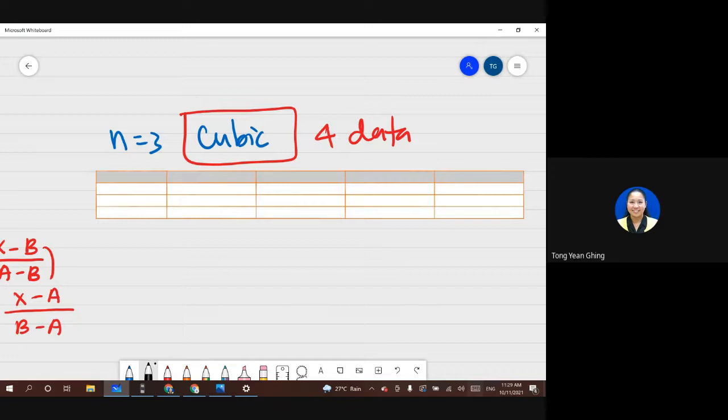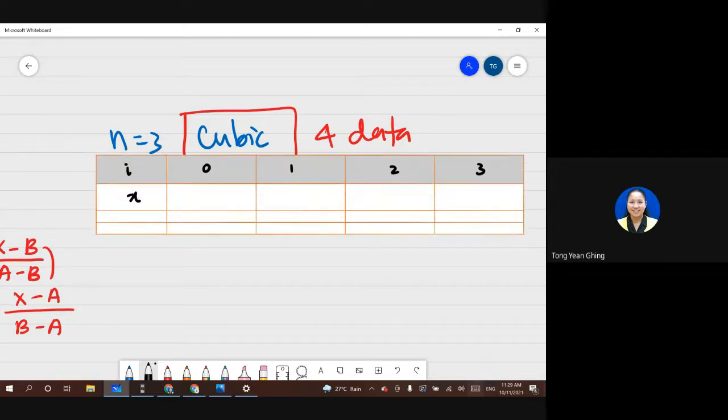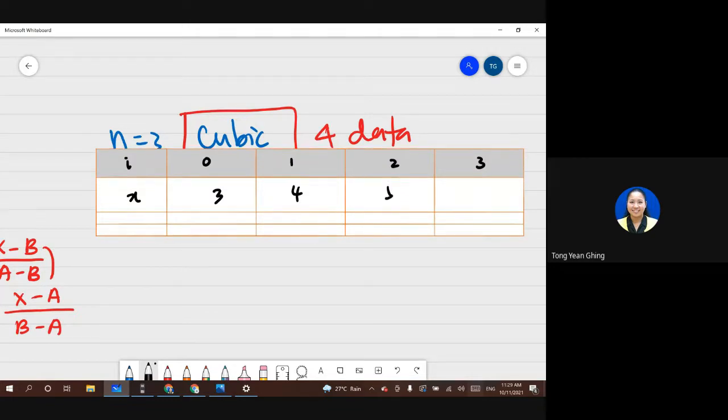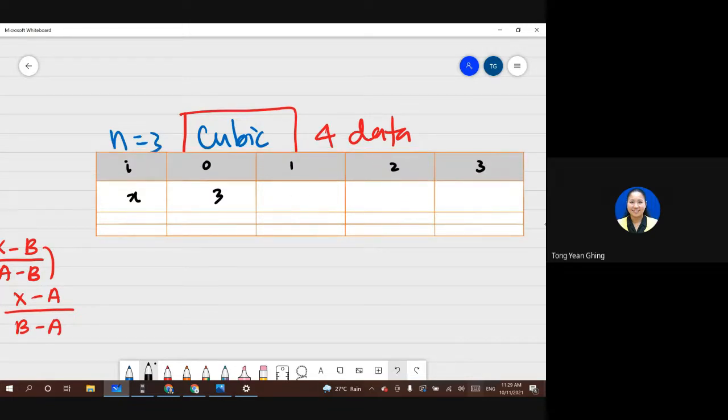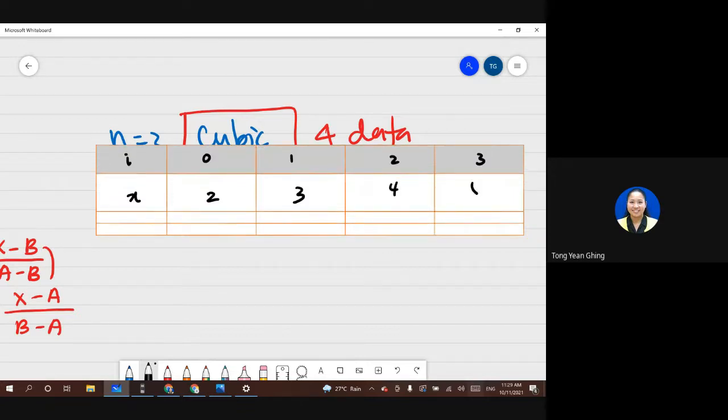So that means we have i equal to 0, 1, 2, 3. Okay, and then x starts from 2, 3, 4, 5.